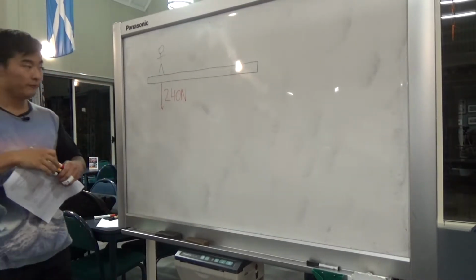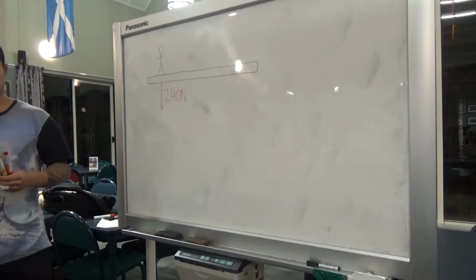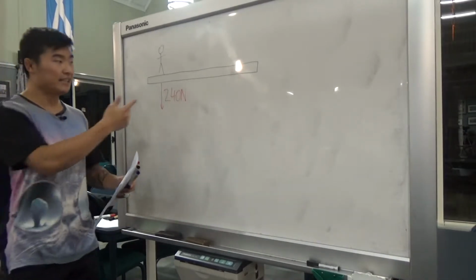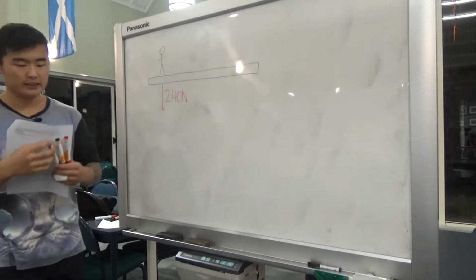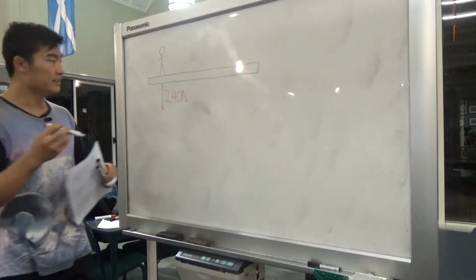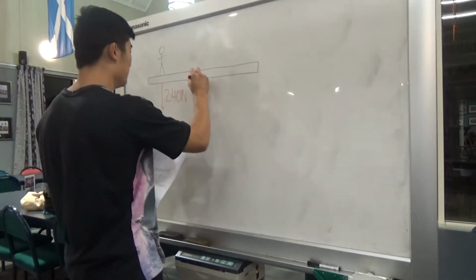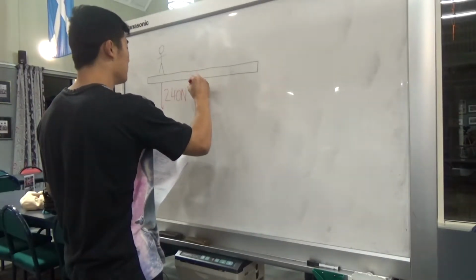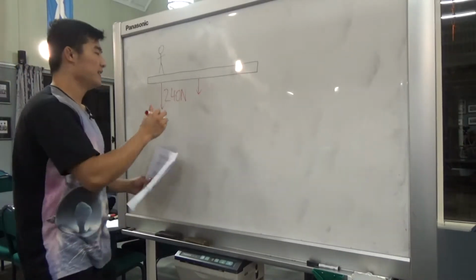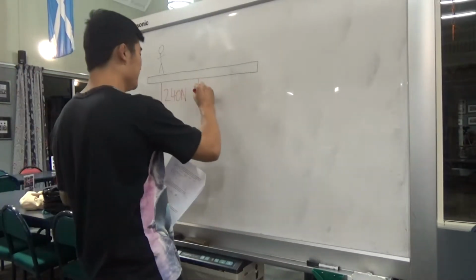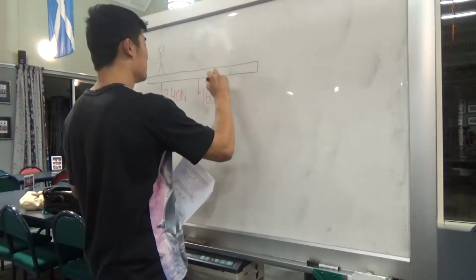And then the center of mass of the plank is going to be acting in the middle. So the center of gravity will be right in the middle, which is where the weight force, the 16 kilograms, will be acting. So in the middle of the plank, it's going to be 160 newtons. Okay.